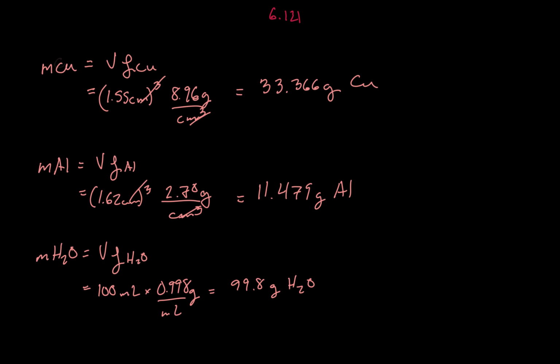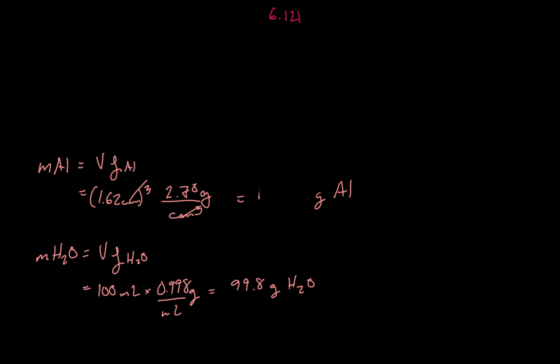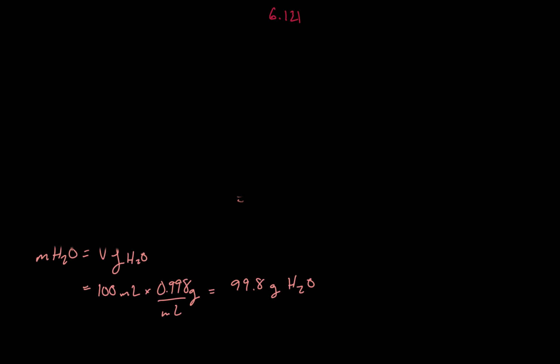So now that we've got those things, the heat capacity values we can look up in the tables later when we need them. The important part of the setup of this question is that the copper and the aluminum are both heated to the same initial temperature before they go in, and that simplifies our setup for the problem.